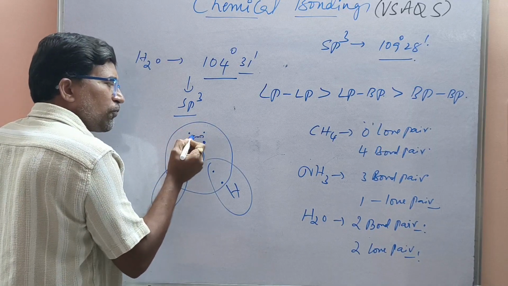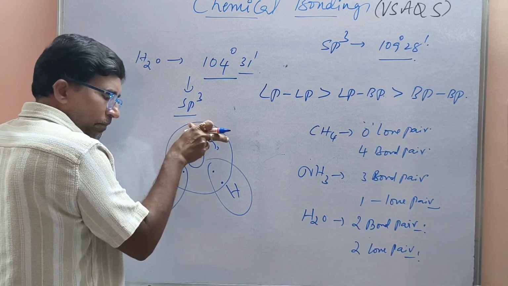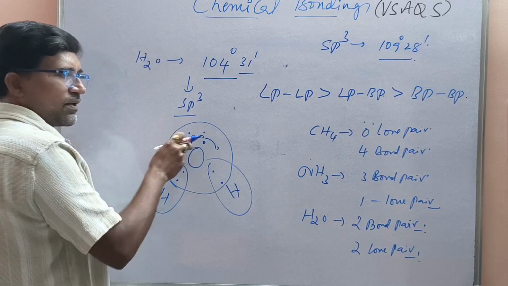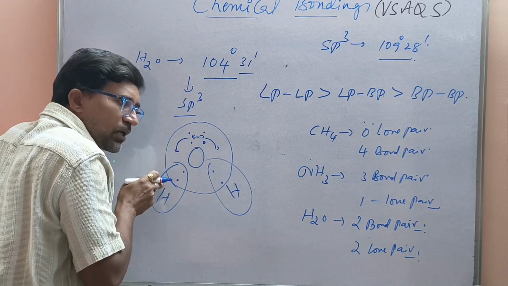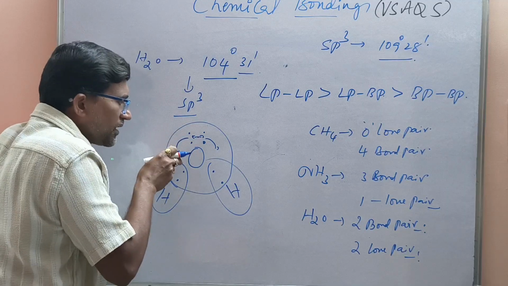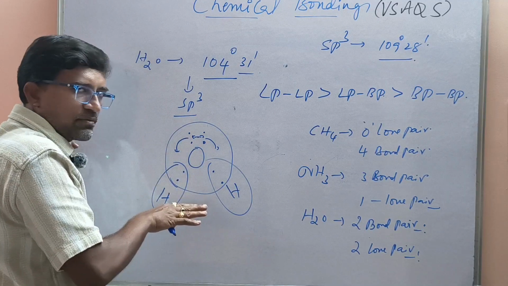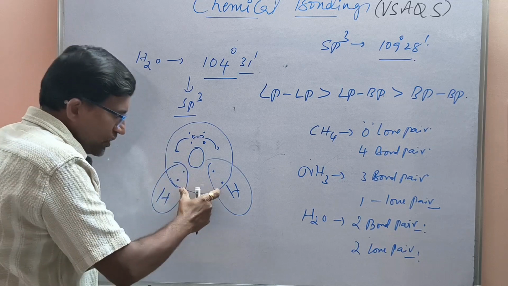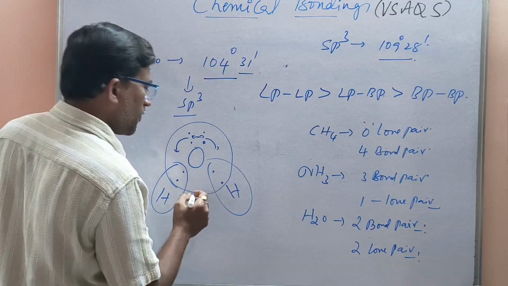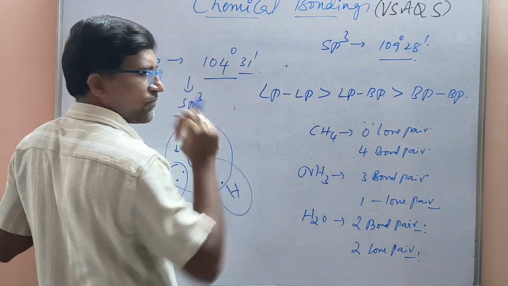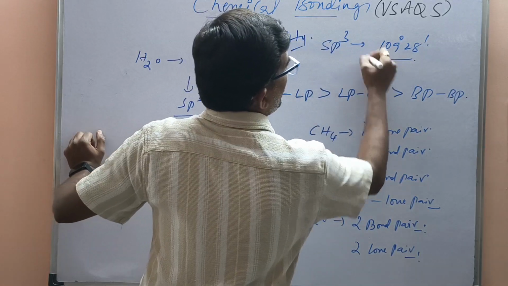Because of the repulsive force between these 2 lone pairs, the electrons move apart since they have the same charge, and force is exerted on these bond pairs. Hence the bonds will be pushed in the downward direction because of the repulsive forces. These two bonds will come a little bit closer to each other. Actually, the bond angle should be the same as that of methane, that is 109 degrees 28 minutes.